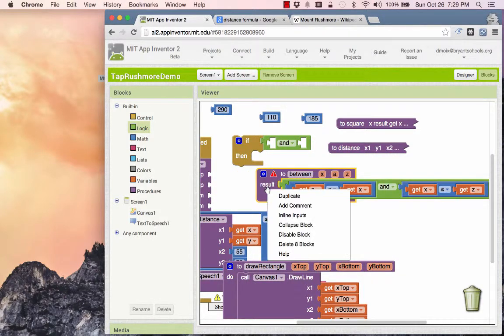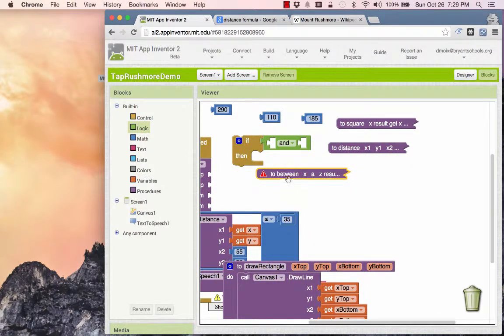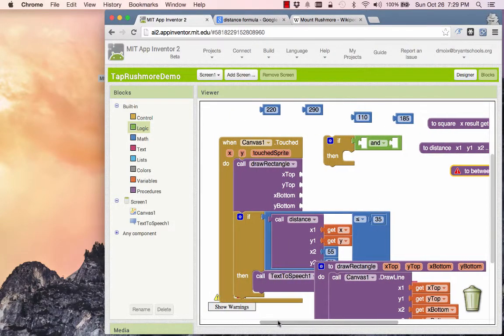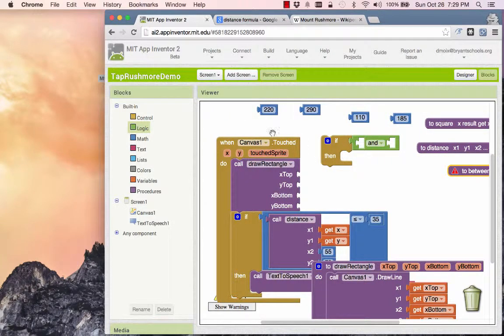So now we've defined our between block, and we can collapse that up so it doesn't take up any space. Now we're trying to figure out if the point that was clicked, how do we find that? We get this x, and we get this y. This tells us our x's and y's.